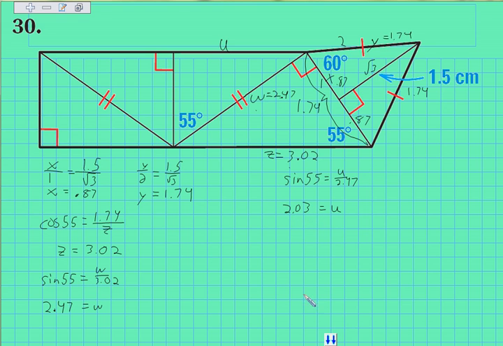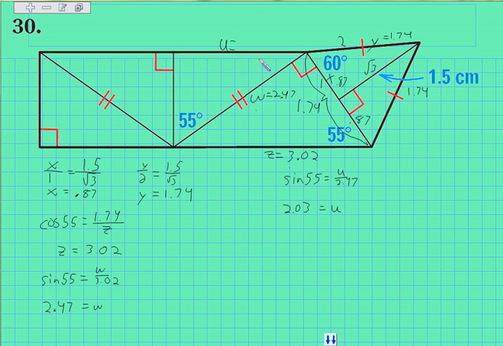Now, this problem, by design, has a bunch of congruent triangles. If we look, this triangle is congruent to this triangle via hypotenuse leg. I've got 90 degrees here, the hypotenuses are congruent, and of course that shared side.